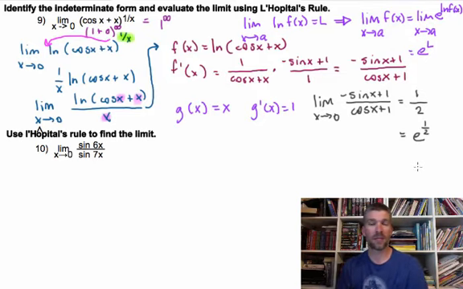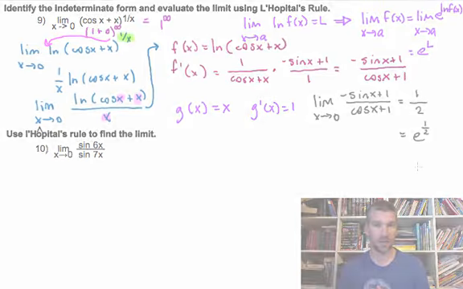And so our answer for this particular problem is e to the 1/2 power, or e to the 0.5 power, or the square root of e. All of those things are equal. So this is kind of a cool trick you can use with L'Hopital's rule to get it into a form that we can more readily solve analytically.